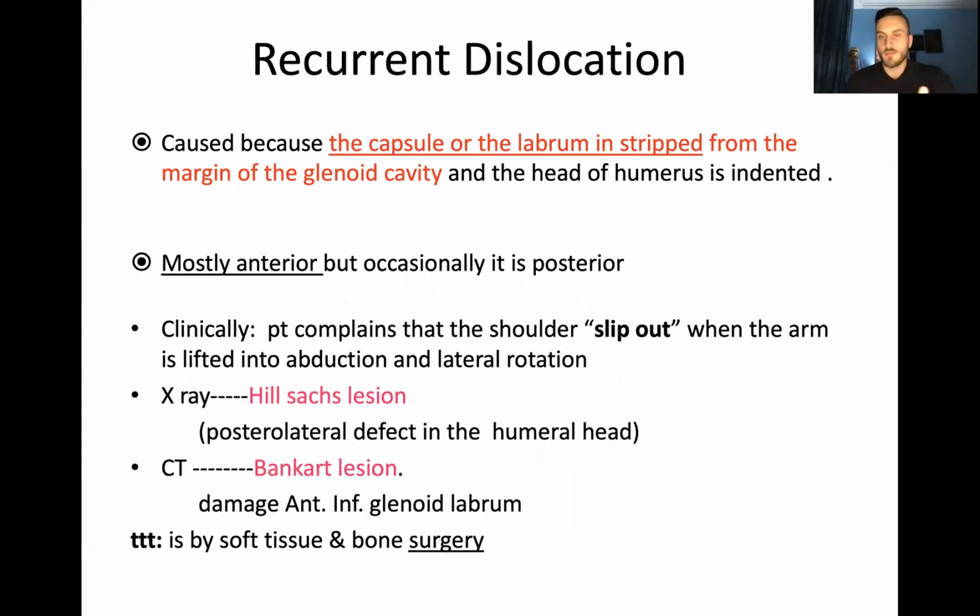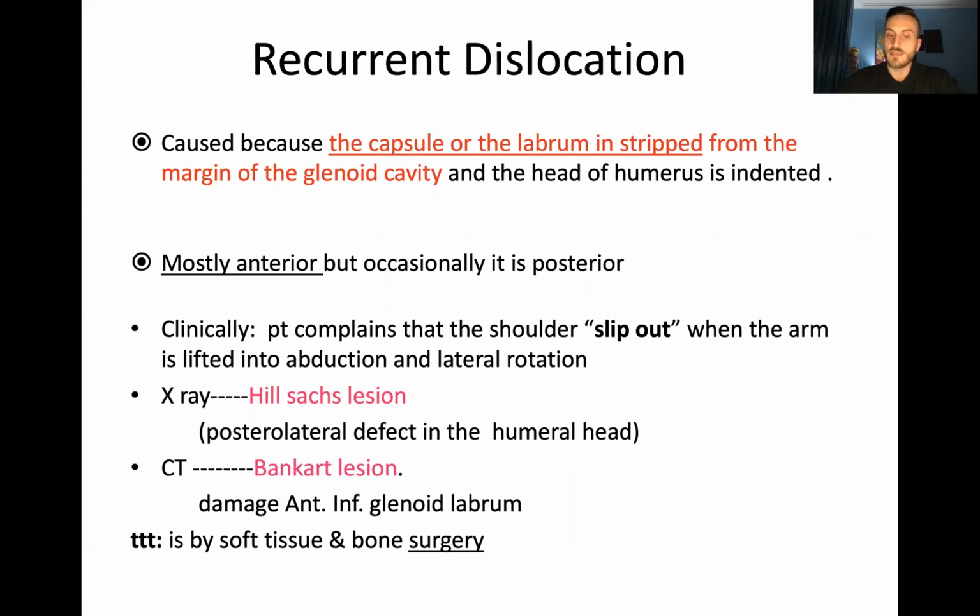Our test is called the apprehension test, which is abduction and external rotation; the patient will be afraid that the shoulder will dislocate. Then we do the relocation test. We push on the shoulder and the fear goes away. We will talk later about shoulder examination, but this is just an idea.